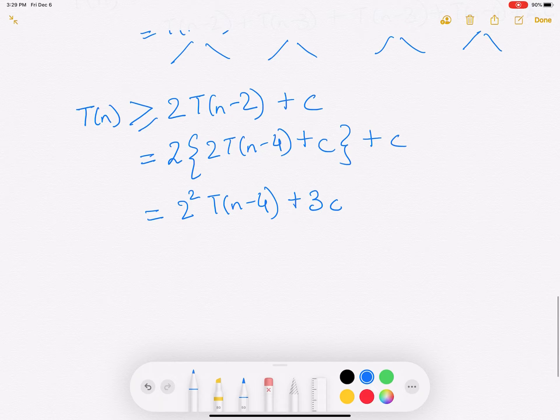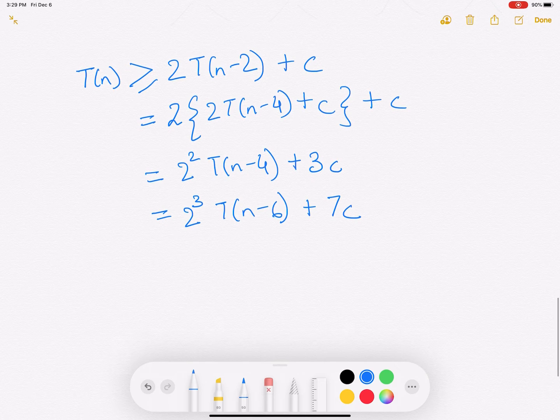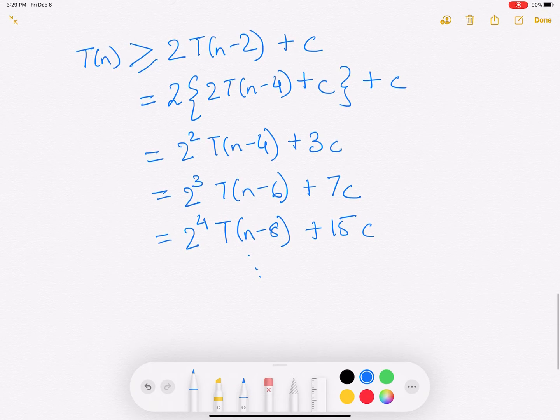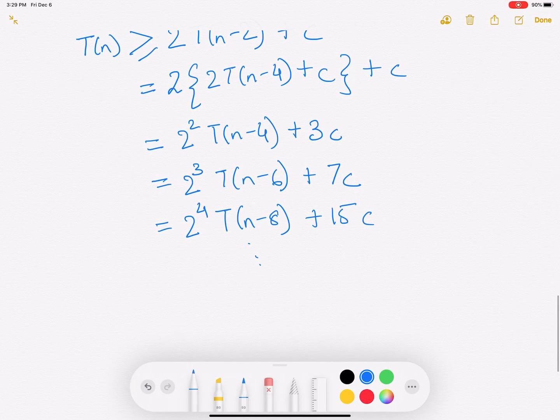Carrying this forward, we'll have 2 cubed T(n-6) plus 7c, and then 2 to the power 4 T(n-8) plus 15c. Now if we try to extract the general trend here, this is what we will get.